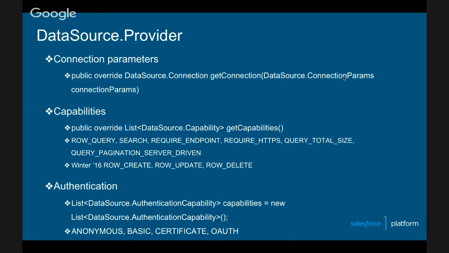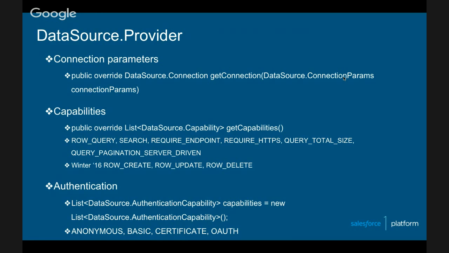Then there's a search capability. So one of the things that's kind of interesting about this framework is you can actually do SOQL search. You can do SOQL queries, and you can do SOSL searches against the external data source, providing you have the search turned on. So if you have search turned on, it'll support SOSL queries.